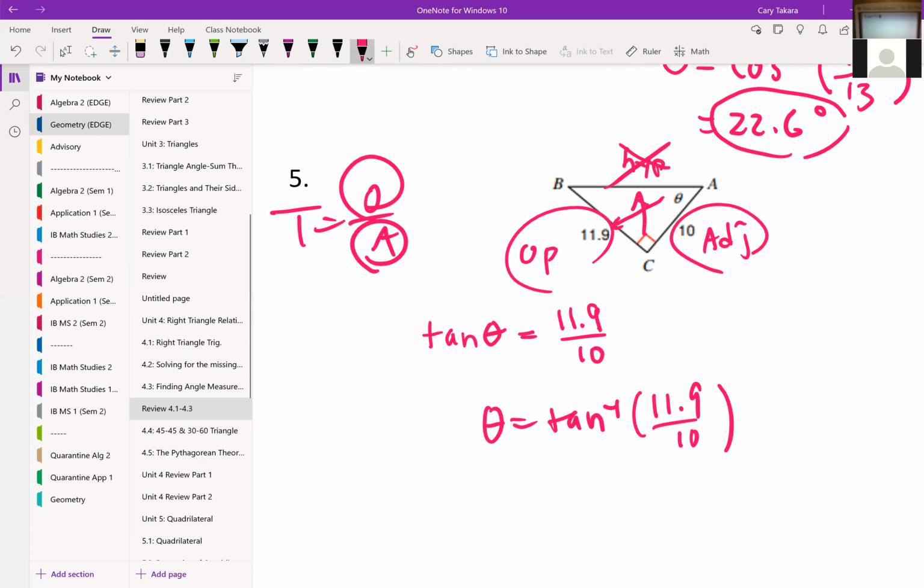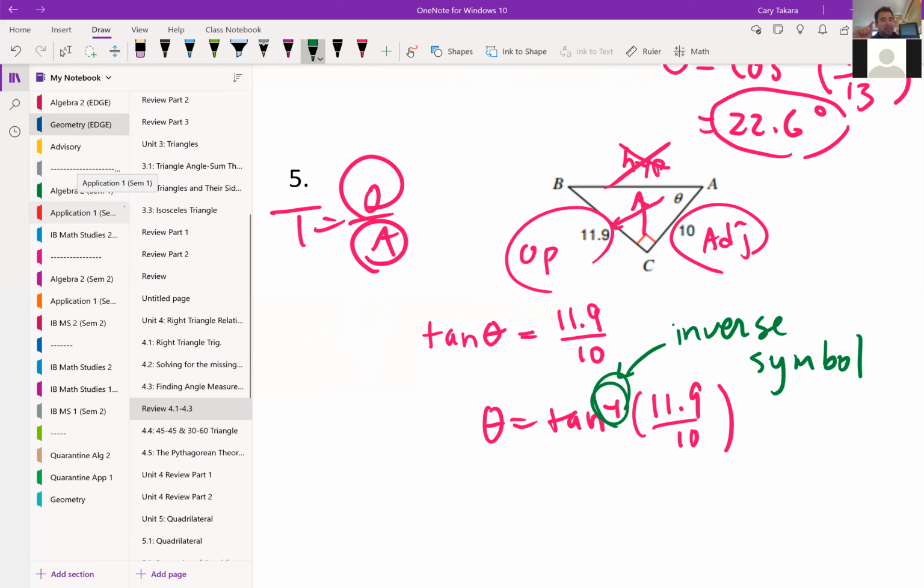Then I have this inverse tangent symbol with a negative first power. That negative first power that we write is the inverse symbol.